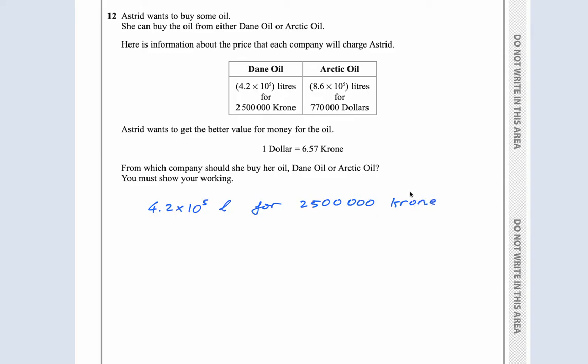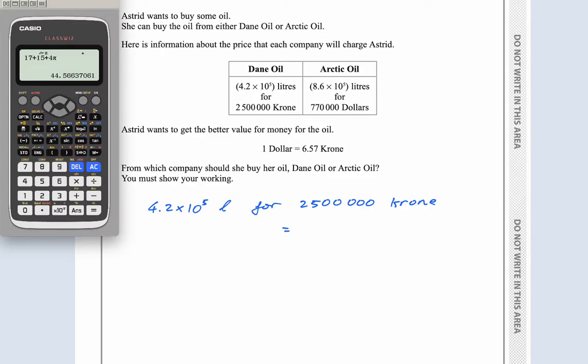That means, how many dollars is this? So this is 2,500,000 krone, which is the same as, I need to divide by 6.57.